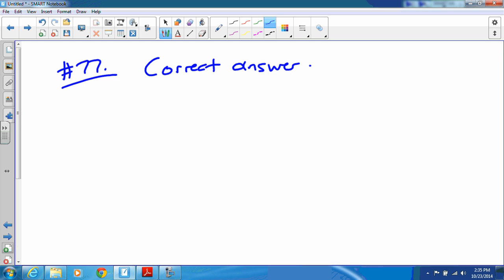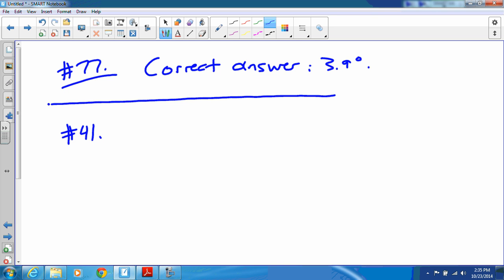I got 3.9. Is the 3.9 the actual correct answer with 30 kilograms? Yes. And 5.9 was the answer in the back of the book.